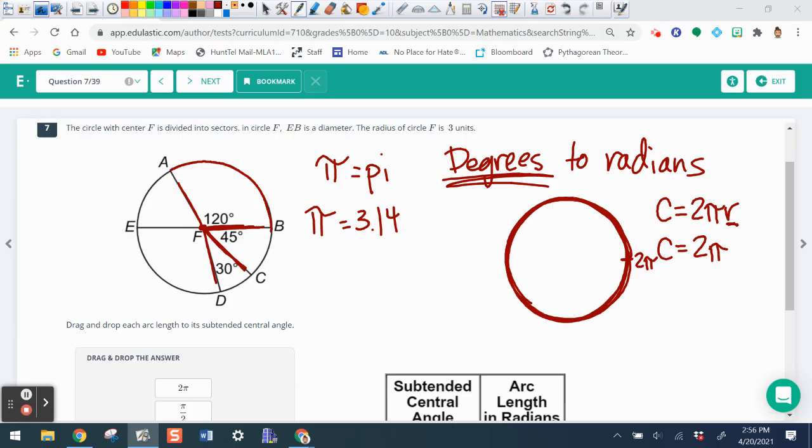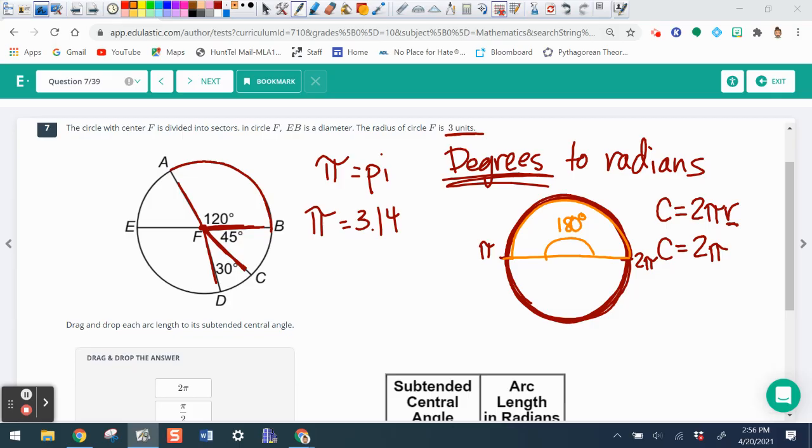So the total distance around a circle is 2 pi radians if it has a radius of 1 unit. And obviously, they told us that the radius of the circle is 3 units. So if the total distance around a circle that has a radius of 1 is 2 pi, then half that distance would be 1 pi. Well, half of a circle in degrees is 180 degrees.